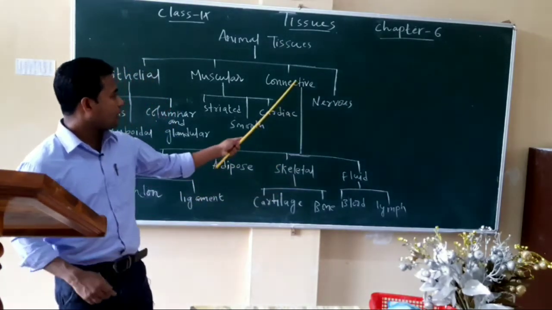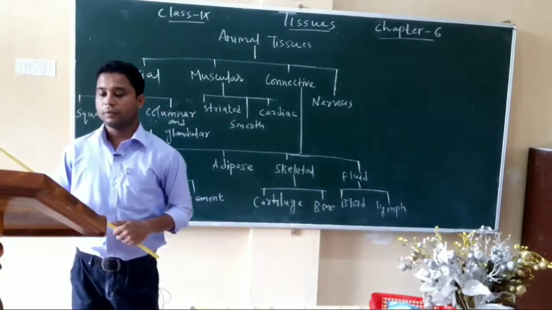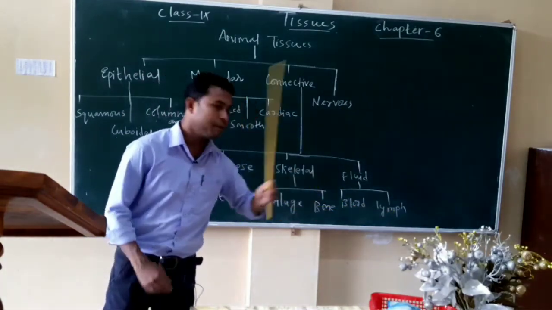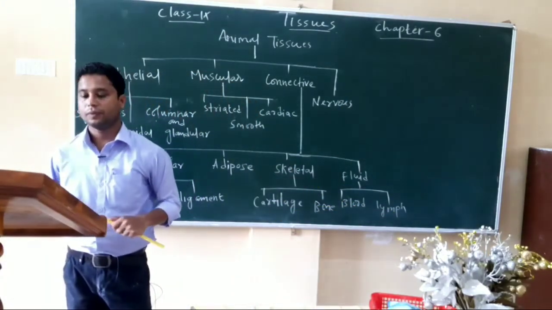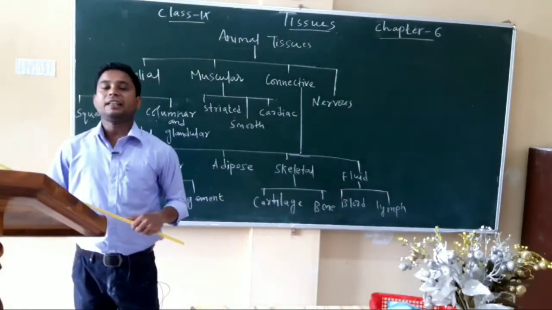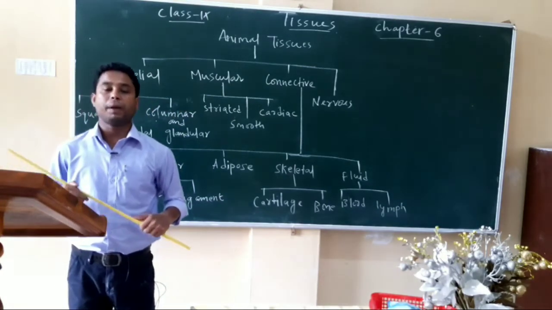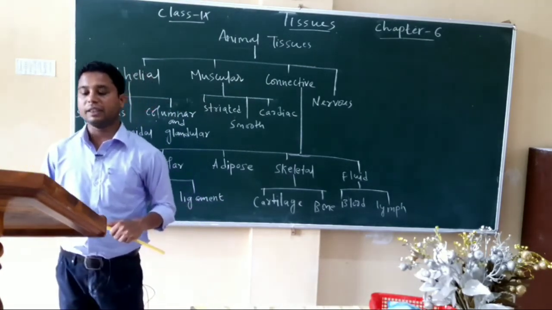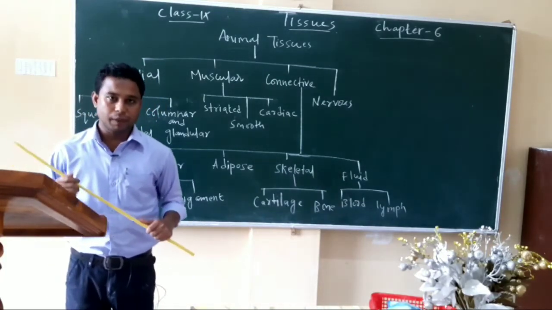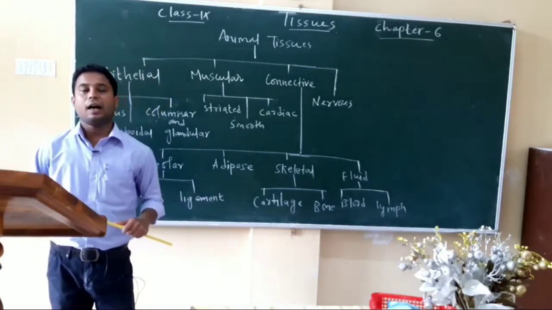Now, the next type of connective tissue is fluid. Fluid includes blood and lymph. So, what is blood? Blood has a fluid matrix called plasma, in which RBCs, WBCs and platelets are suspended.